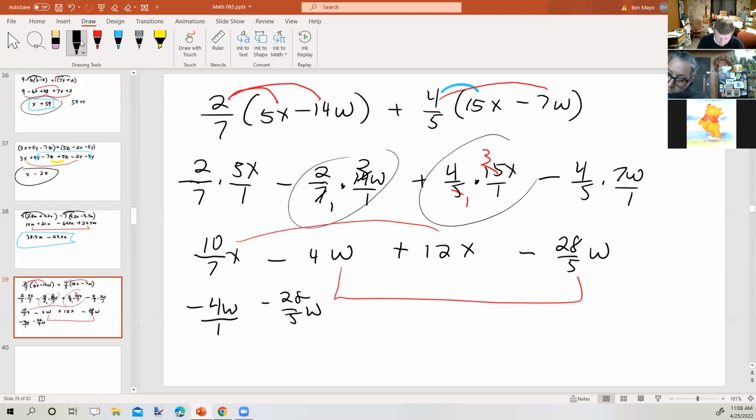The least common denominator of 1 and 5 is 5. The second fraction already has the common denominator. So the first fraction, negative 4 over 1, will multiply by 5 over 5 and get negative 20 over 5. Okay. So I've got negative 20/5 w minus 28/5 w. So far, so good.